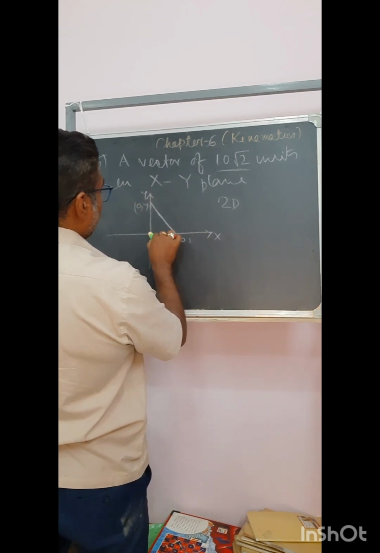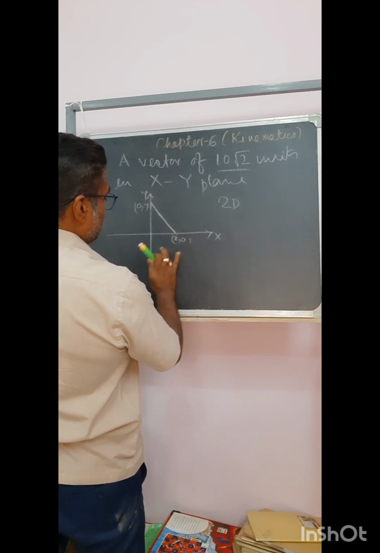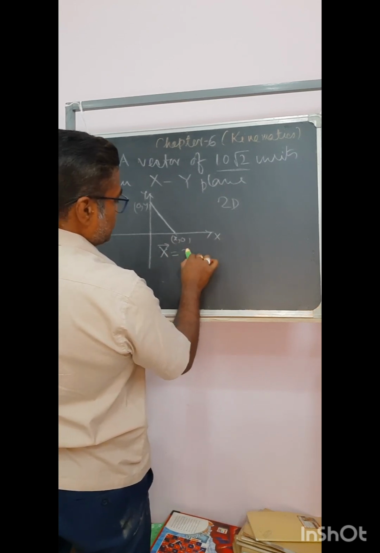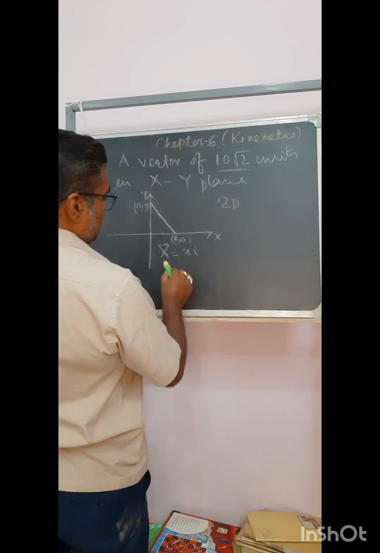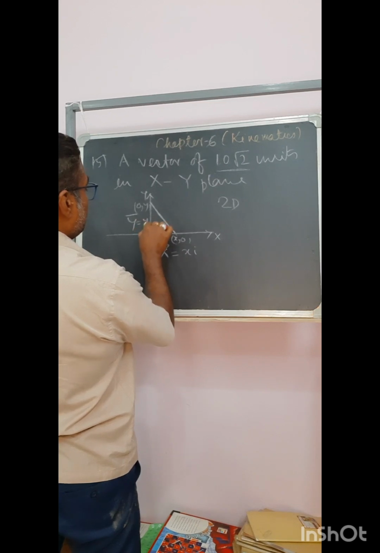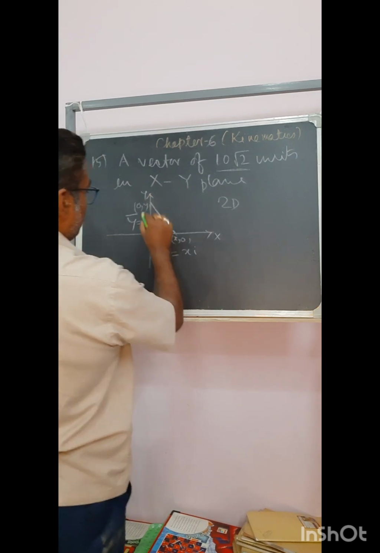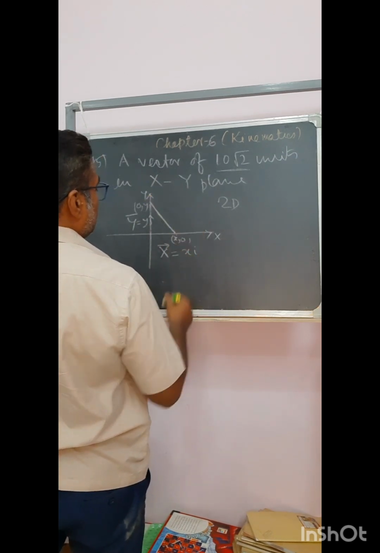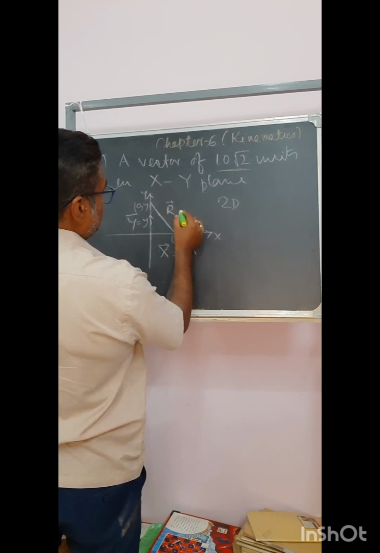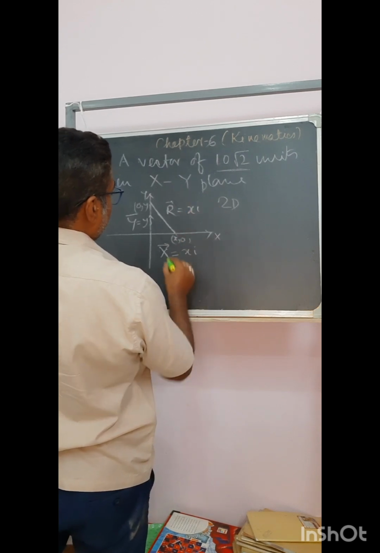Any position vector from 0 to x will have only the x direction, so xi will be the vector, and along y it will be yj. This vector can be represented as the resultant of these.